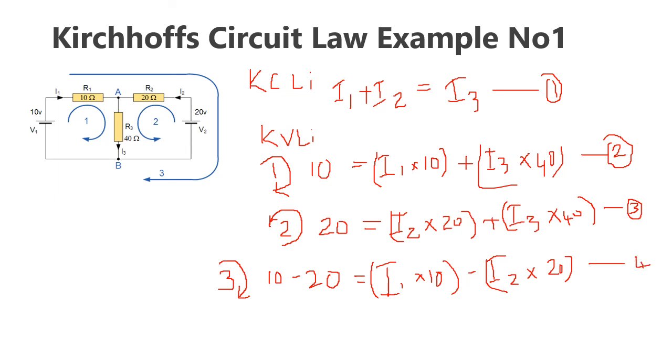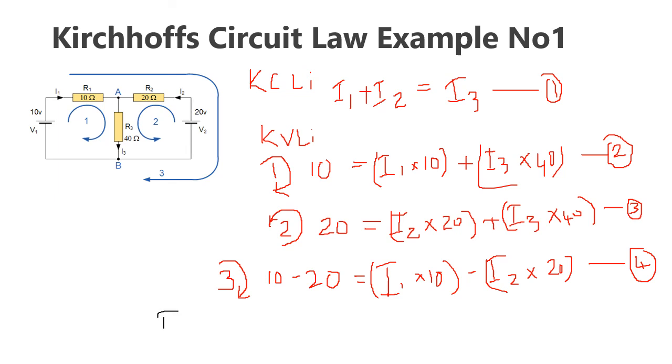Here we have taken 4 equations. Then we solve these simultaneous equations, which can be reduced to give us the values of I1 and I2.